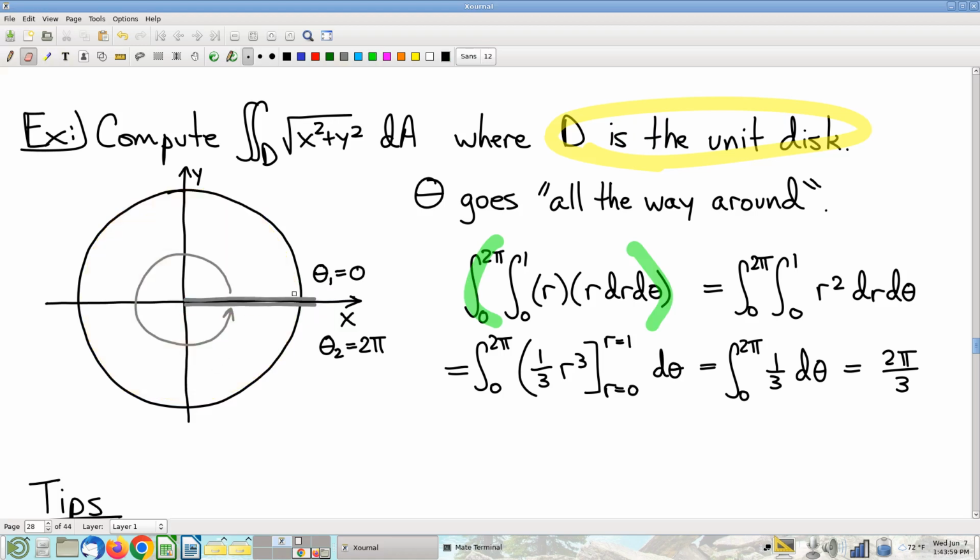And then for any given value of theta, we fix an arbitrary theta. Now for that theta, what's the range of values of R? Well, we start at the origin. That's where R, of course, is 0.